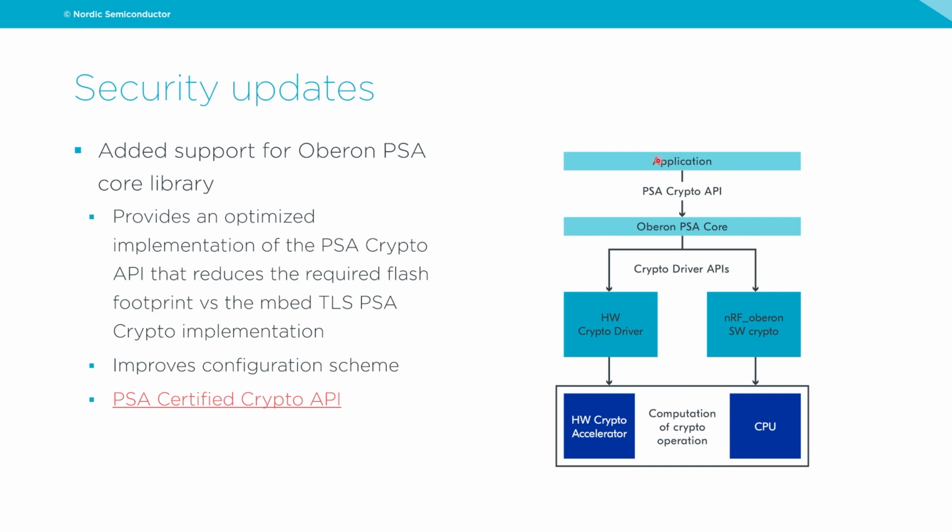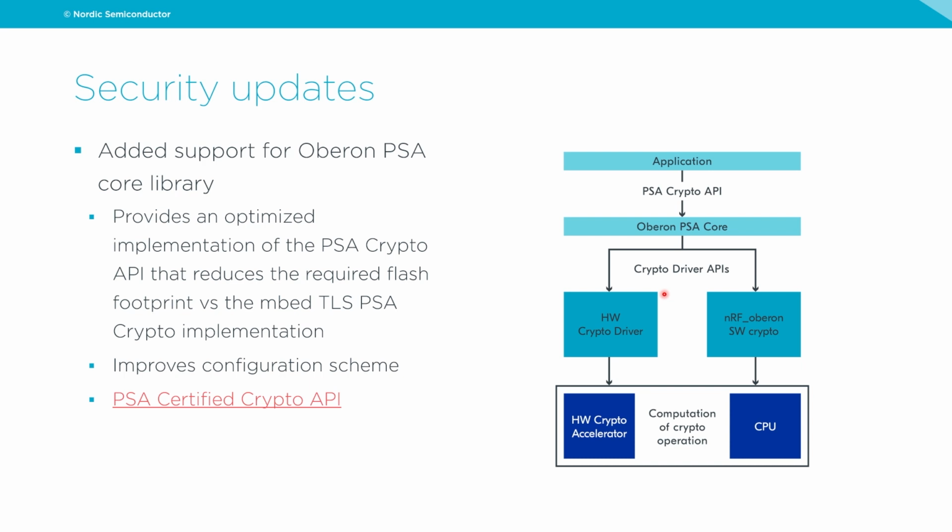So how this works in practice is that if you have an application that has cryptography needs, crypto operation needs, it uses the PSA Crypto API to request those cryptographic operations. And then the Oberon PSA core library implementation will use crypto driver APIs.